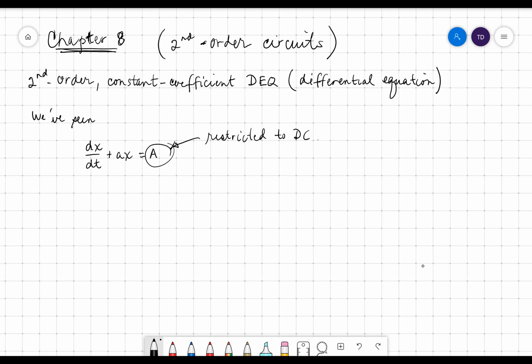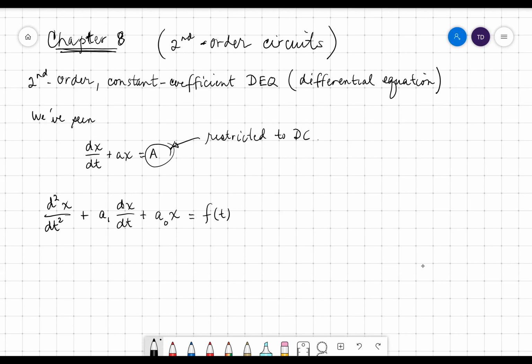I'm going to write it this way first: d squared/dt squared of x plus a1 times dx/dt plus a0 times x is equal to any function f of t. Notice it's not just restricted to a constant anymore.